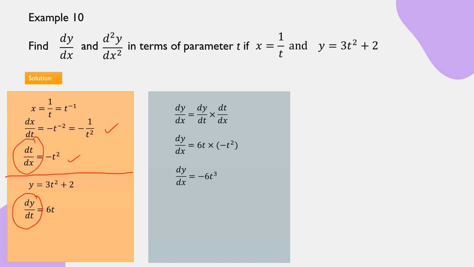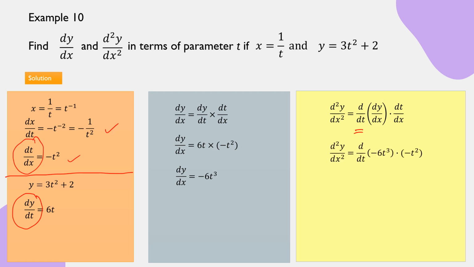So the answer, dy/dx, equals negative 6t cubed. For the second derivative, differentiate dy/dx with respect to t, and then multiply with dt/dx. Differentiating negative 6t cubed, we get negative 18t squared, and then times dt/dx. So the answer equals 18t to the power of 4. This is the second derivative.